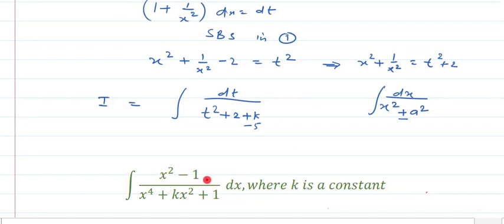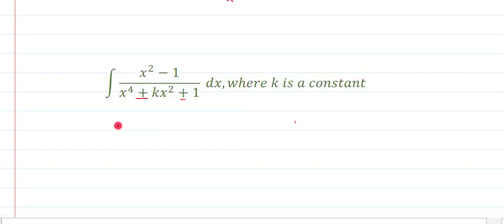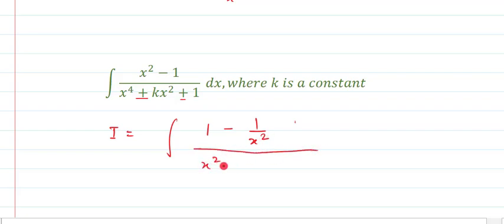Now it may also happen that in the numerator, instead of x square plus 1, we have x square minus 1. See how to simplify these problems. After applying step number 1, we get I equal to 1 minus 1 upon x square in the numerator, and in the denominator x square plus, here I am taking the plus sign, k plus 1 upon x square dx.